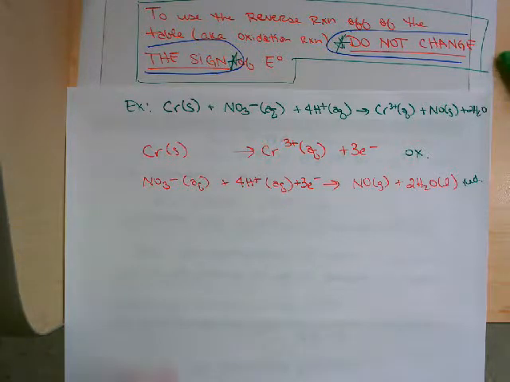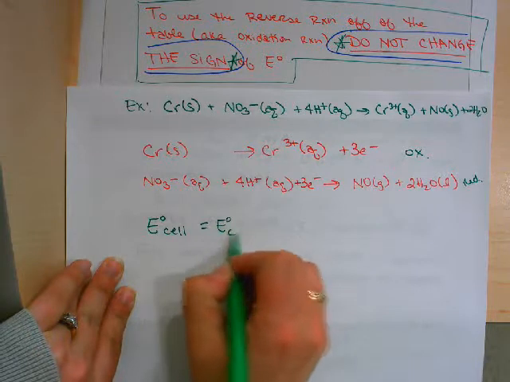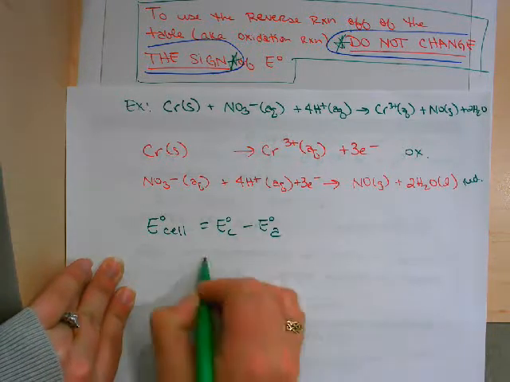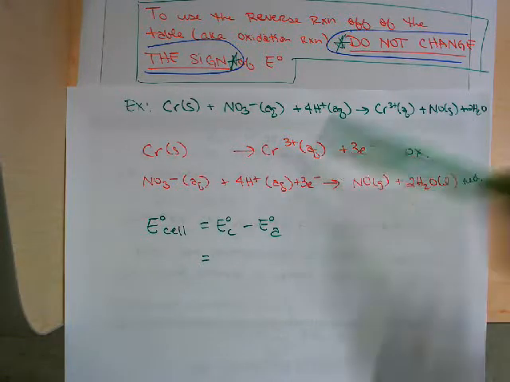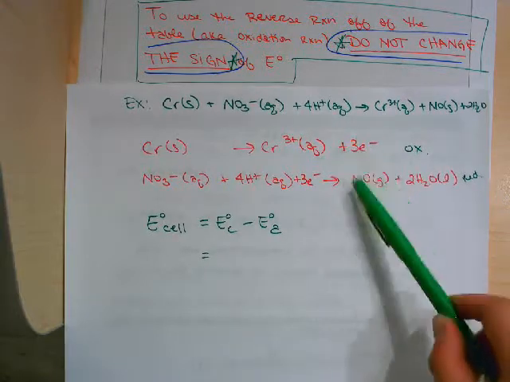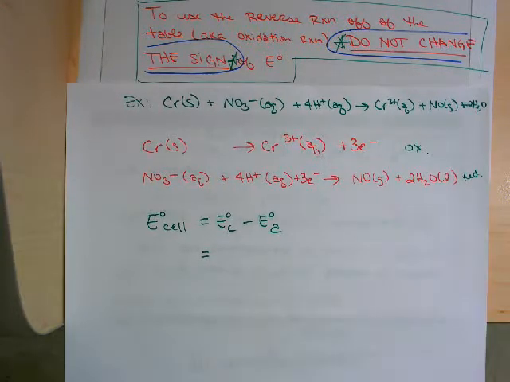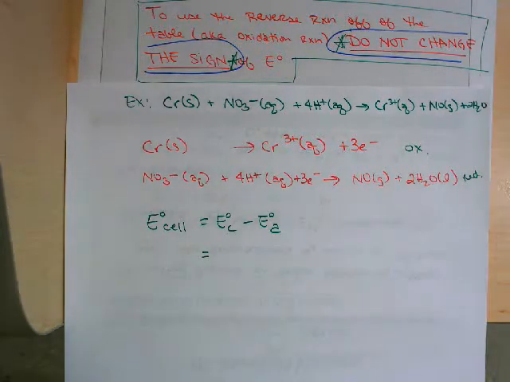Alright, so I want to find E0 cell. Which one of these two reactions, the chromium or the nitric oxide reaction, is occurring at the cathode, number 1 or number 2? 2, right? That's reduction at the cathode. So let's go to the table.